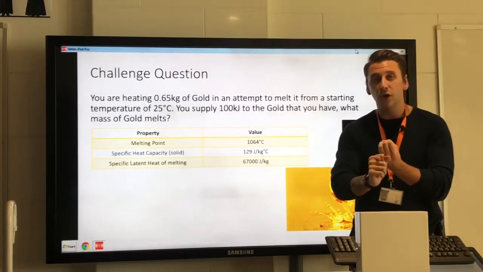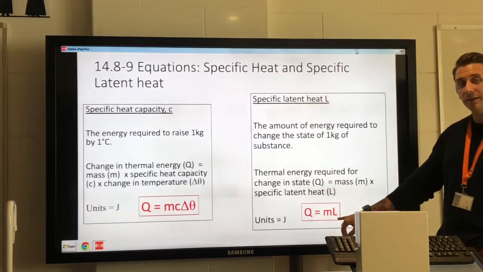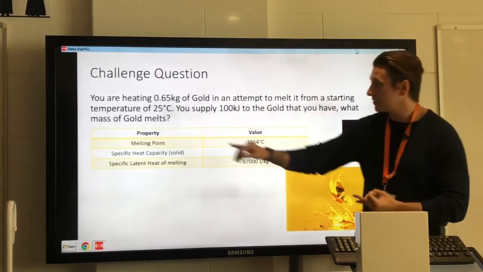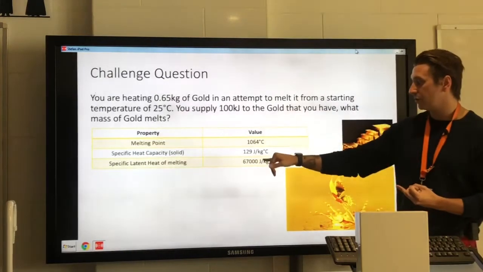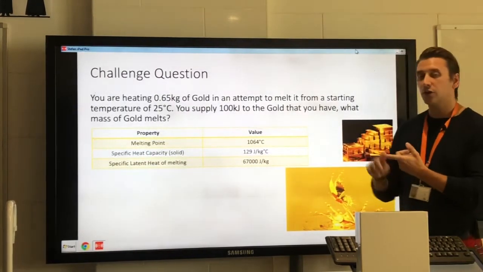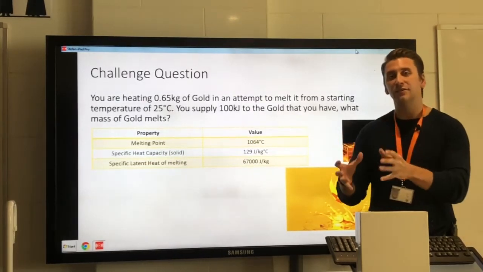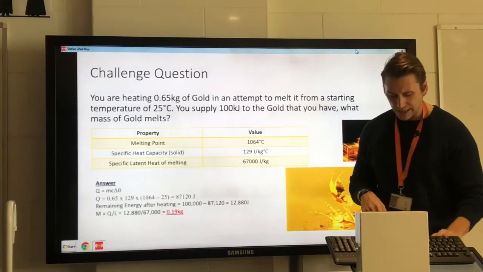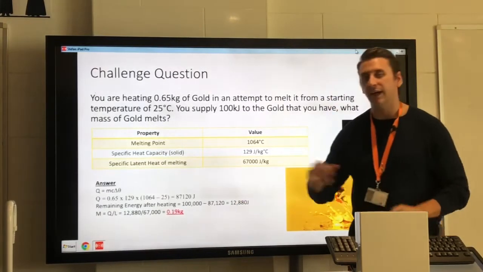So I have Q from the equation Q equals ml. I have Q, which is 13,000 joules. I have L, the specific latent heat of melting gold, 67,000. And I'm looking for m, so m is equal to Q divided by L, 13,000 divided by 67,000, and it works out at around 0.19 kilograms.